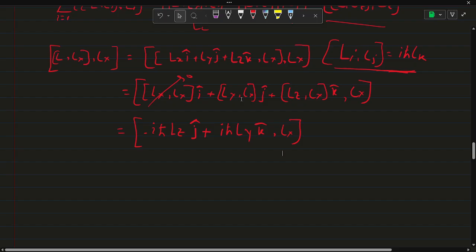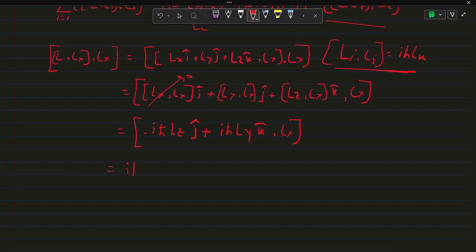So let's take i h cut outside: minus Lz j cap plus Ly k cap and Lx. This can be further written like: minus here Lz Lx j cap plus Ly Lx k cap.